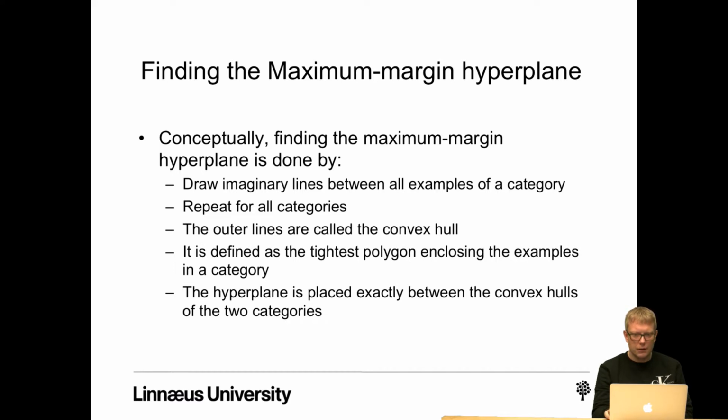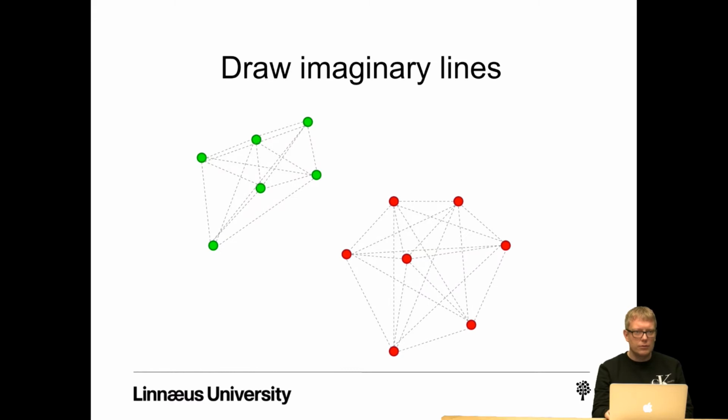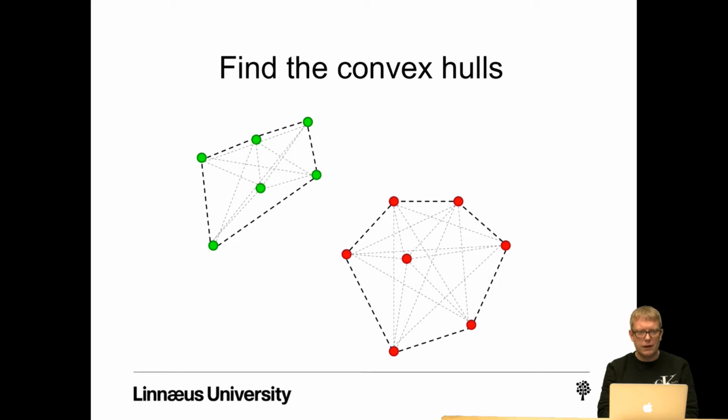And the hyperplane is placed exactly between the convex hulls of the two categories. So if we have two categories, red and green, as shown here, we draw the dotted lines, that's the imaginary lines between all examples belonging to a category. And now we can find the convex hulls as the outer lines enclosing a category.